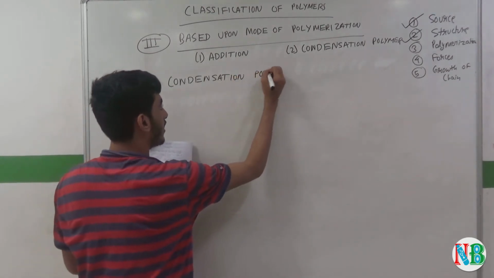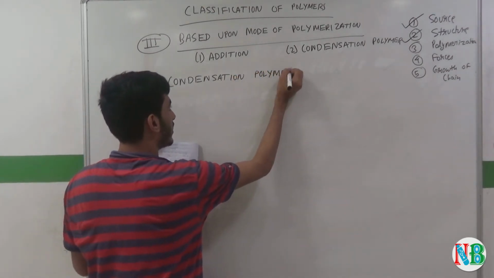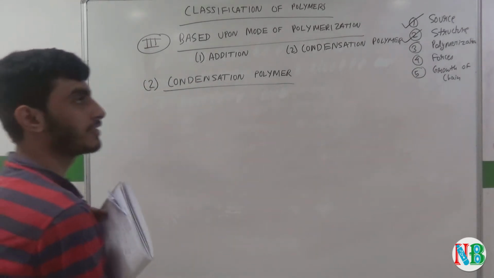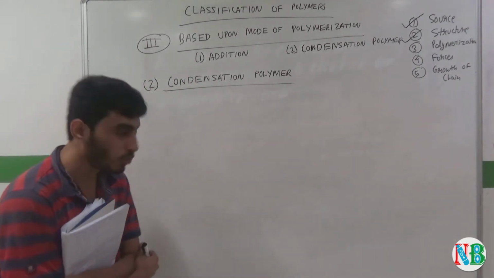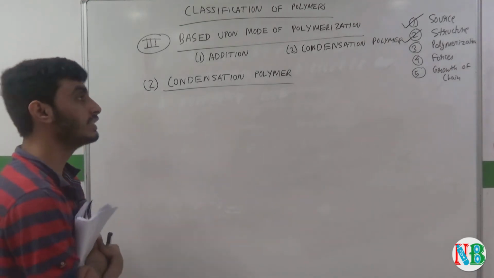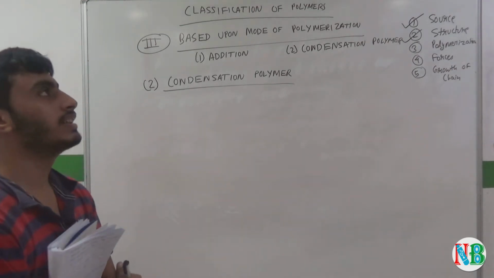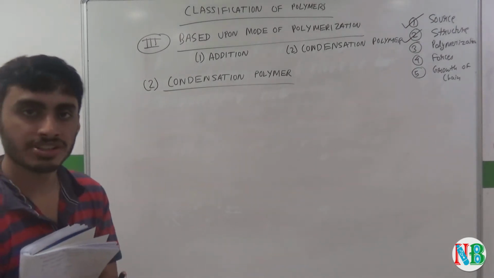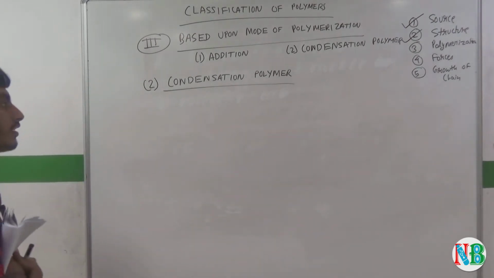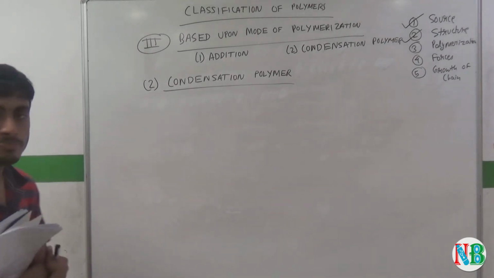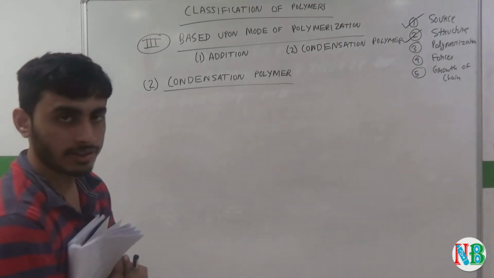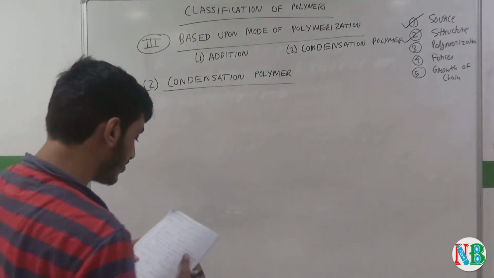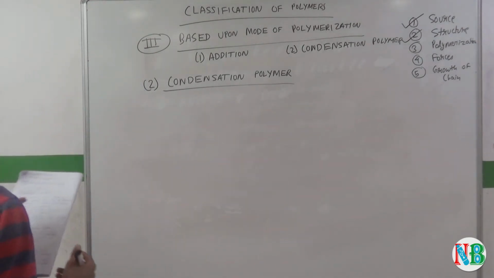I have already explained this: suppose one of them has an amine group, NH2 group, the other one has a COOH group. They add with each other, a molecule of H2O is removed out of them, and you form a bond. If you just add it n number of times, you get a polymer.